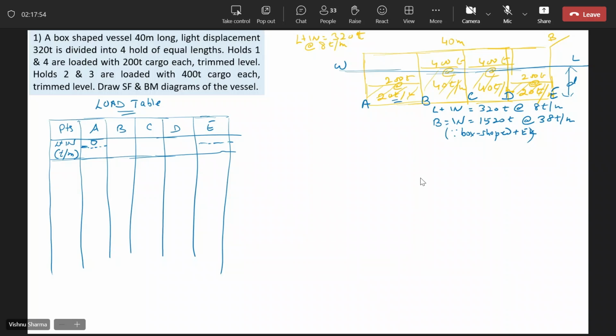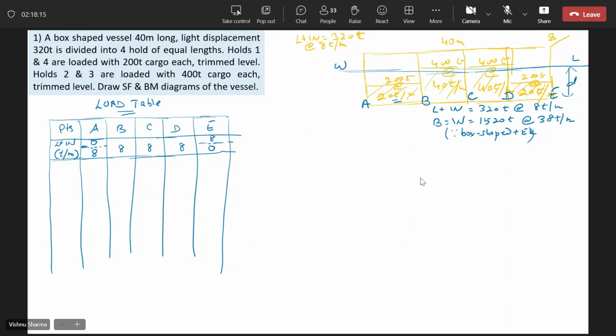As I come to just right of A, it becomes 8 tons per meter. It remains 8 tons per meter at B, 8 tons per meter at C, 8 tons per meter at D, 8 tons per meter at E or left of E. And the moment I go to right of E, it becomes 0.